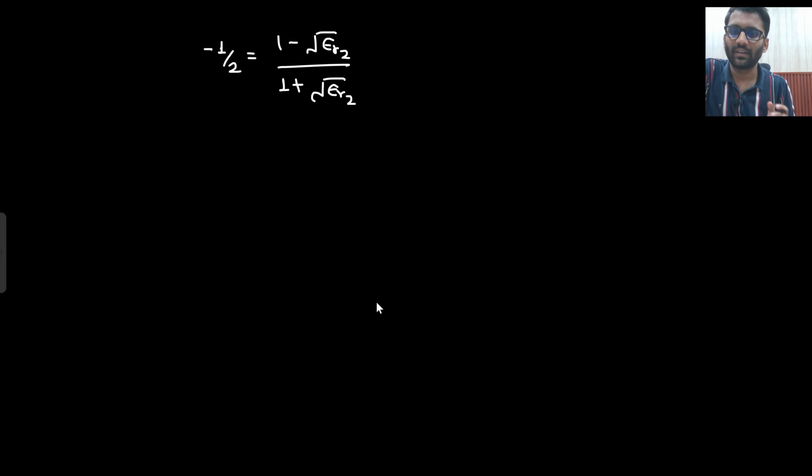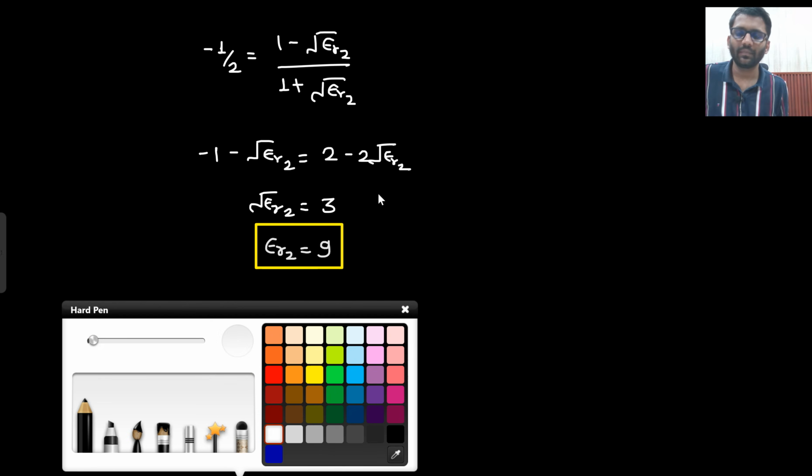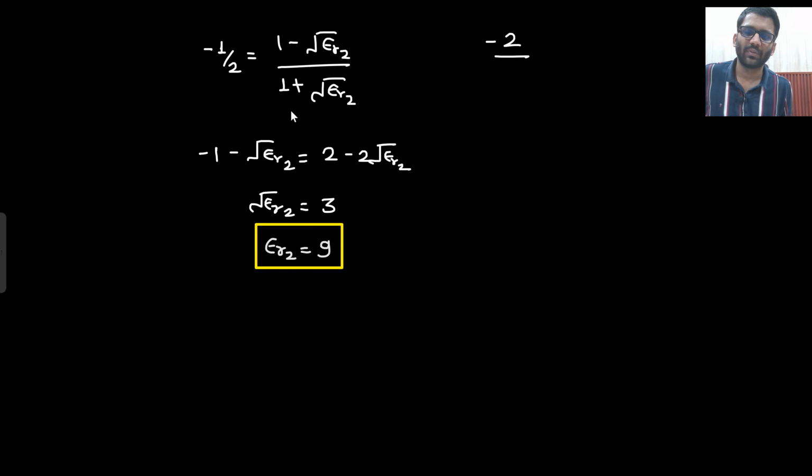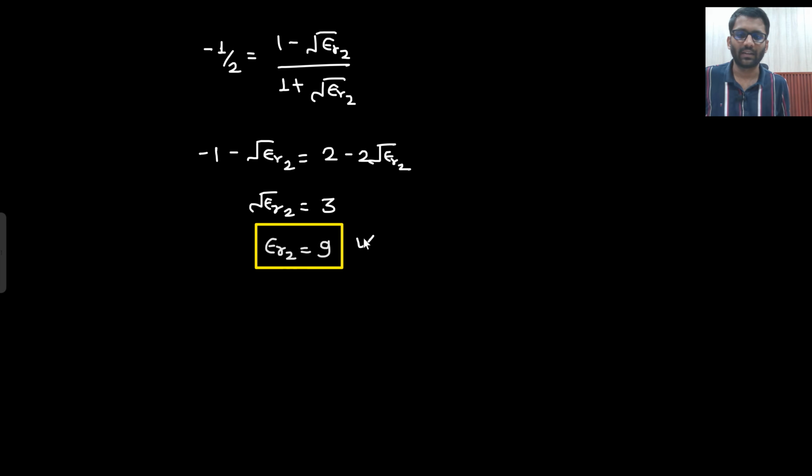Let's solve it. -1 minus under root epsilon R2 times... 2 minus 2 root epsilon R2 equals... root epsilon R2 equals 3. So epsilon R2 equals 9. Check: 1 minus 3 is -2 and 1 plus 3 is 4, giving -1 by 2. So epsilon R2 equals 9. This is the correct answer.